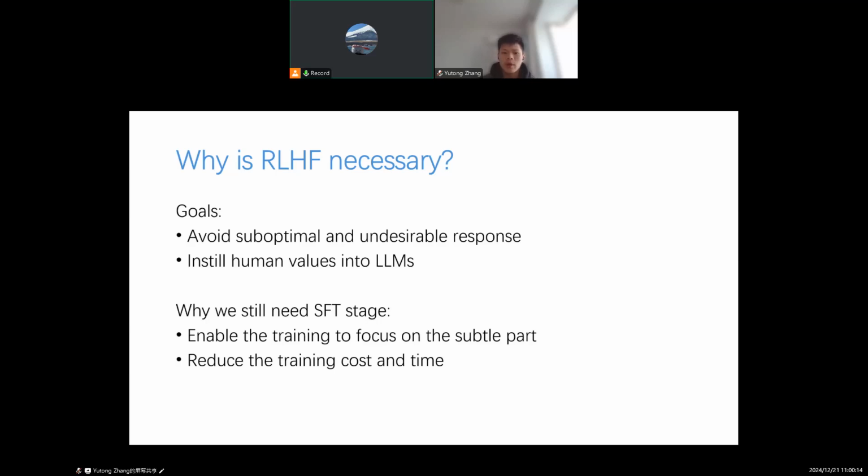Some of you may wonder why we still need the supervised fine-tuning stage. That's because we want the training to focus on the subtle part, as we instill much of the world knowledge into the model through the training and fine-tuning stage. And second, we want to reduce the training cost and time, right?